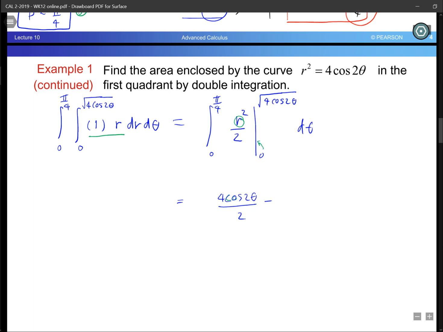Everything becomes 0. So I have this 0. All right, we have some cancellation here. So I have 2. All right, integration with respect to theta, starting from 0 to pi over 4.